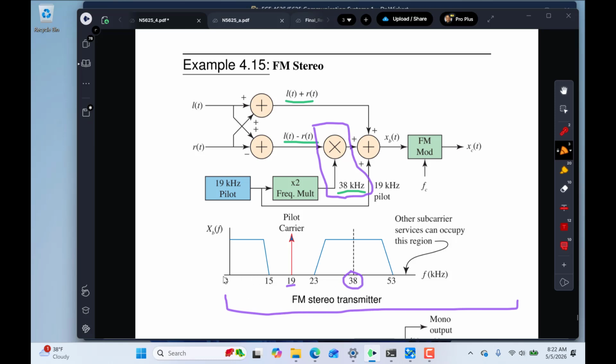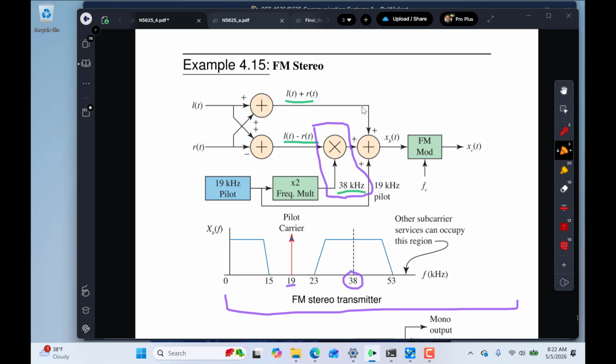In the case of FM stereo, at baseband, you send one message, and that message is left plus right, which is formed in this matrix operation here. You also send a pilot carrier at 19 kilohertz, and then you double sideband modulate on a 38 kilohertz subcarrier the difference, left minus right.